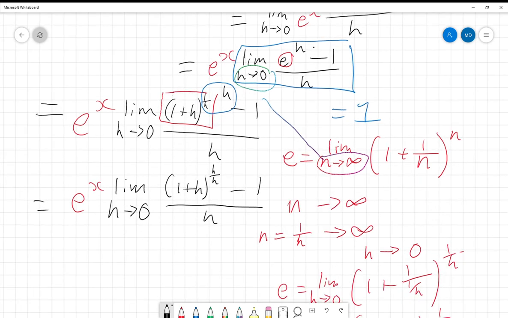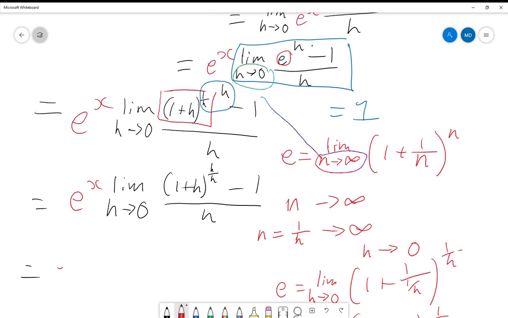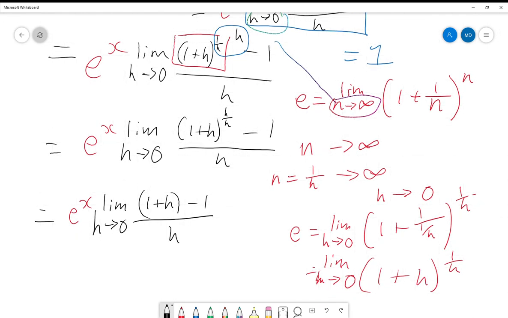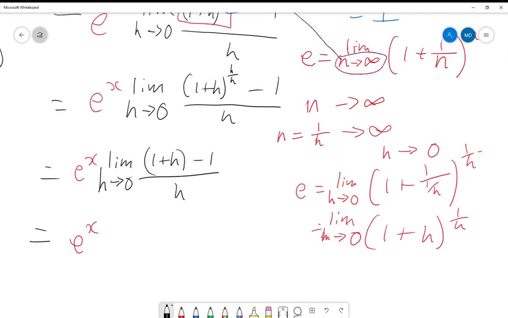And h over h is 1, and so this is equal to e to the x multiplied by the limit as h tends to 0 of (1 plus h) to the power of (h minus 1) over h. Which is equal to e to the x times the limit as h tends to 0 of (1 plus h minus 1), which is just h over h, which is in fact absolutely just 1, which is equal to e to the x.